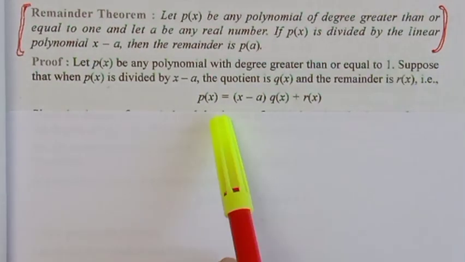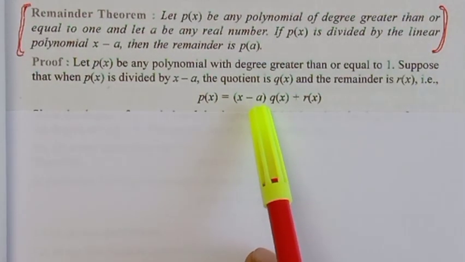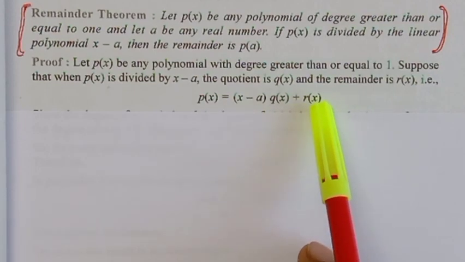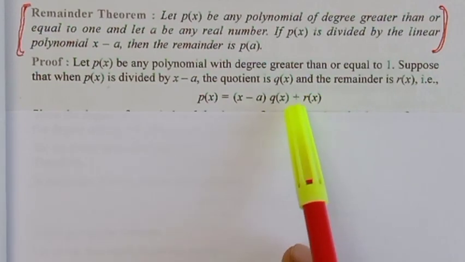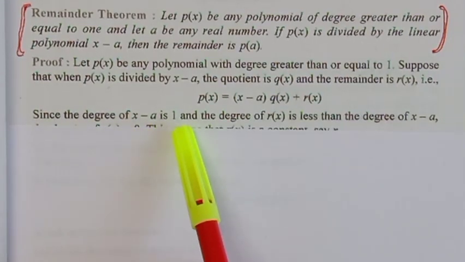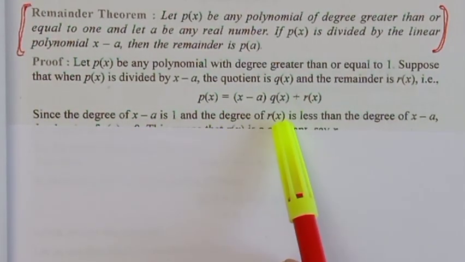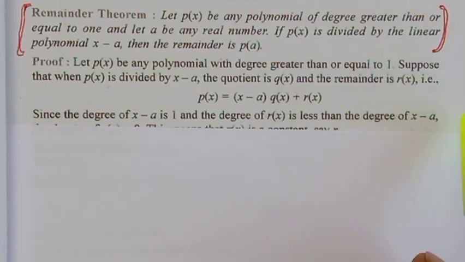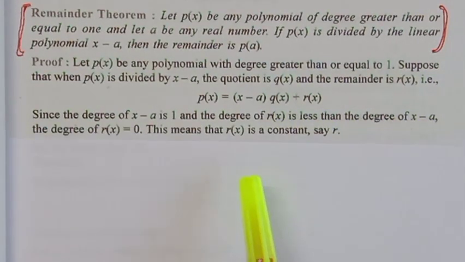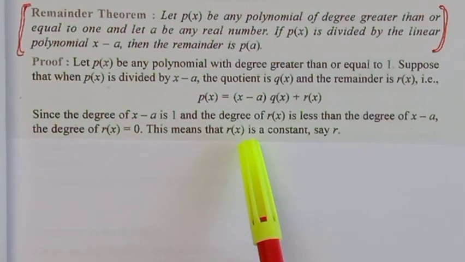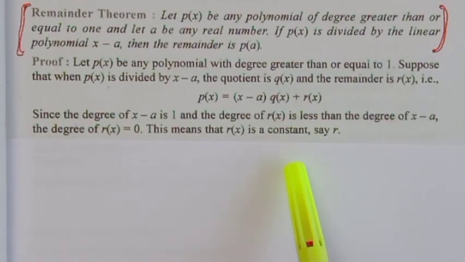That is, p of x is equal to x minus a, q of x plus r of x. Since the degree of x minus a is 1 and the degree of r of x is less than the degree of x minus a, the degree of r of x is equal to 0. This means that r of x is a constant, say r.